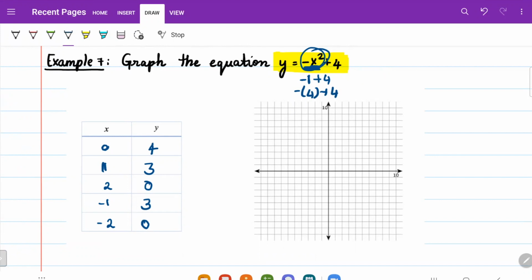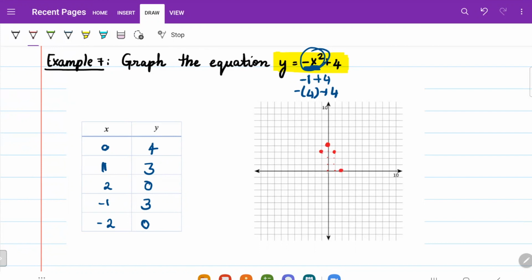So here, the first coordinate is 0, 4. Let us plot that. That is 0 and 1, 2, 3, 4. So that is 0, 4. And then we have 1, 3. This is 1. 1, 2, 3 here. And then we have 2, 0. So this is 2 and that's 0. Same thing for minus 1 and minus 2. We see that it's very symmetric here.